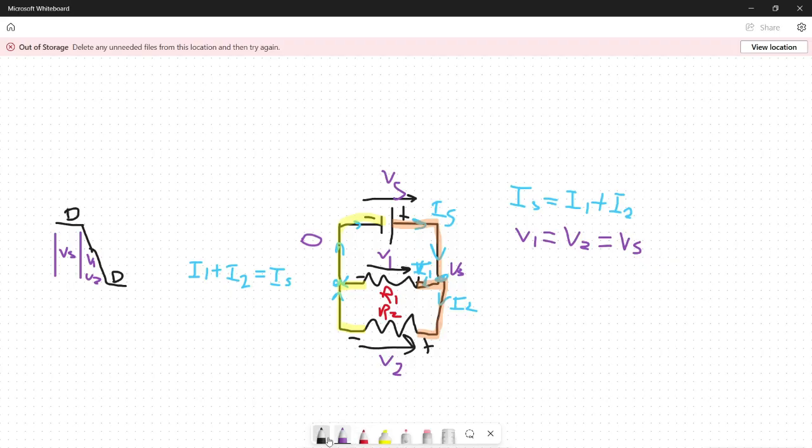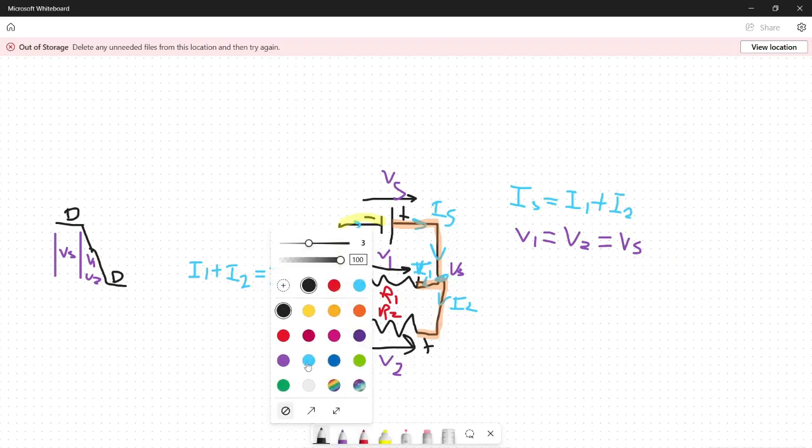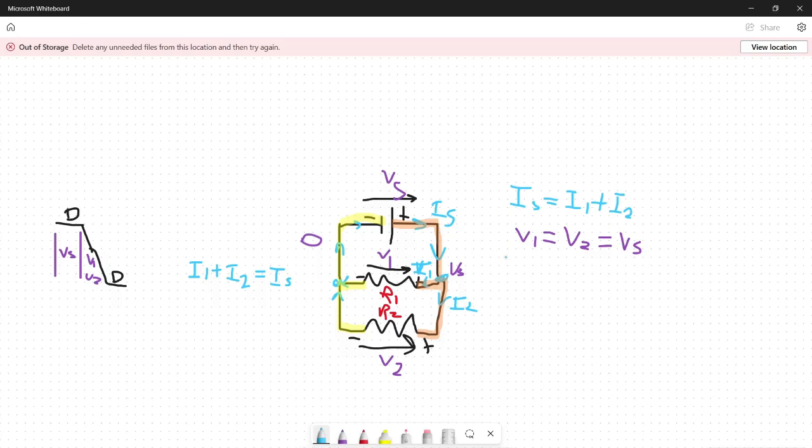And now, if we want to get the relationship of our resistances, oh, by the way, this is called a node. This little part here is the junction, but a node is something that has the same voltage throughout, but the currents aren't all the same.